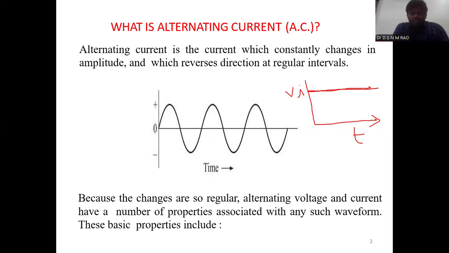Because the changes are so regular, alternating voltage or current have a number of properties associated with such a waveform. So first of all, we should go through the properties or basic definitions regarding AC circuits.